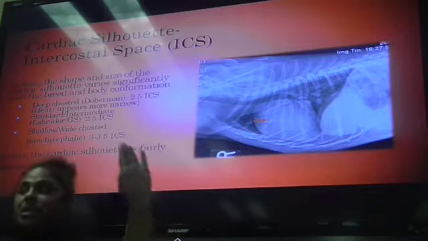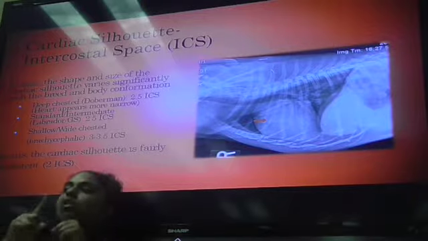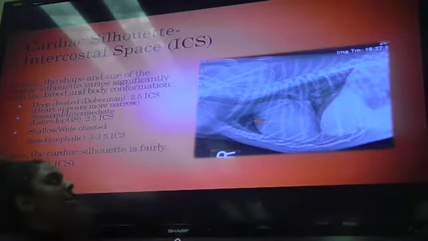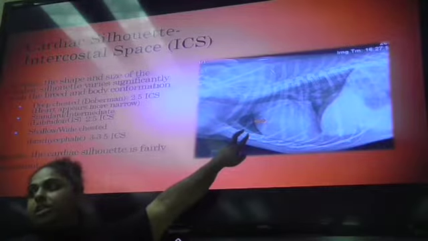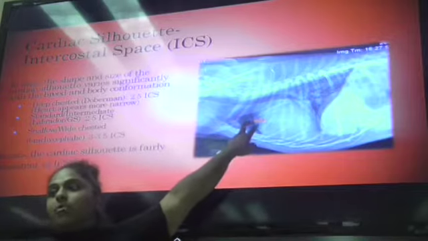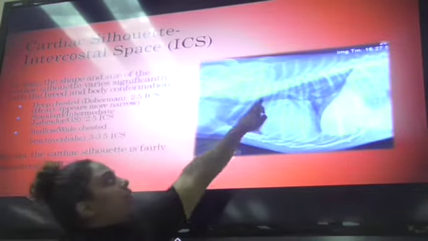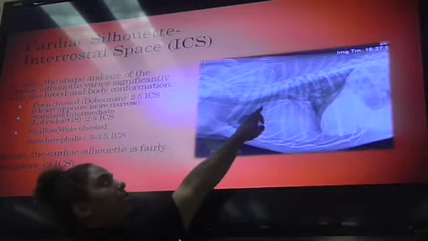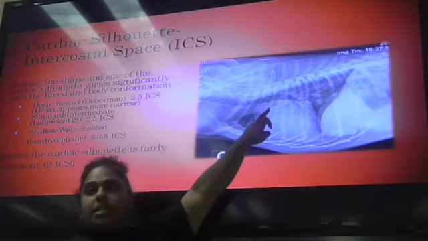Because it does get a little funky when you're looking at these ribs on which ones you're going to count, I'll sometimes start from the costochondral junctions, especially if they're mineralized, and use those as my spaces and kind of go up and follow those, all right? Otherwise, you want to make sure if you're starting with this one, that you're not going to this space, you're going to the one following. Make sense?